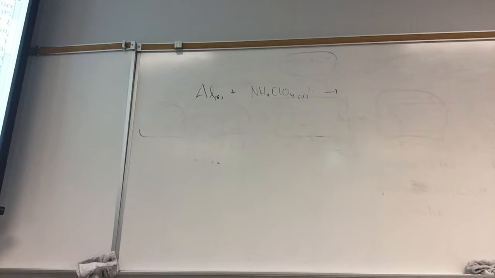And so this is actually a single replacement. But you look at the products. Doesn't that look like the products of a single replacement reaction? No. And so unfortunately, even though it's set up like a single replacement, this is not actually a single replacement. This is an example of a redox reaction. And in a redox reaction, we're looking at electron rich and electron poor. And so which one is electron rich, the aluminum or the ammonium perchlorate? Electron rich.